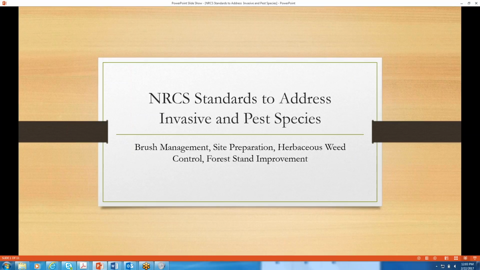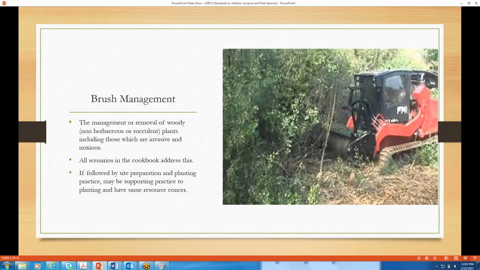It's for pasture as well, but in the forestry setting, some of the different practices that we can use to address invasive species. Those practices are brush management, site preparation, herbaceous weed control, and forest stand improvement. All of them are available to address invasive species and pest species.